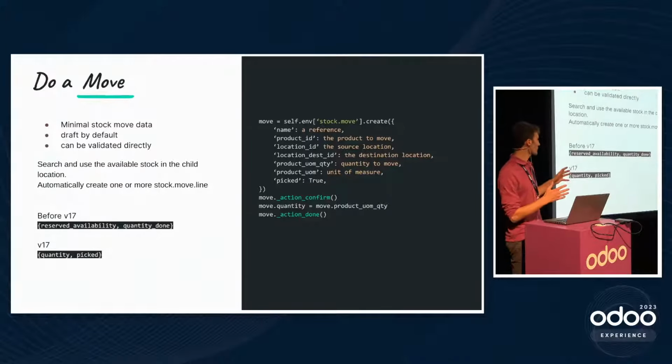Now we merge those two quantities together in the quantity field. That means editing the quantity field will update the reservation, and the reservation directly sets the quantity that will be moved. And of course, the picked field specifies if you want to create a backorder or not.